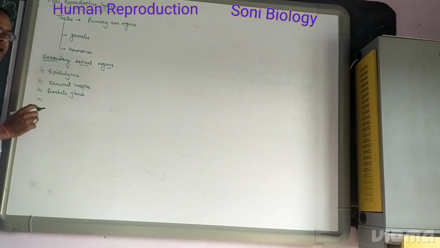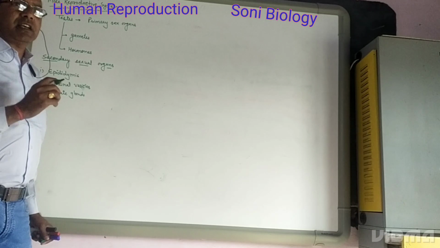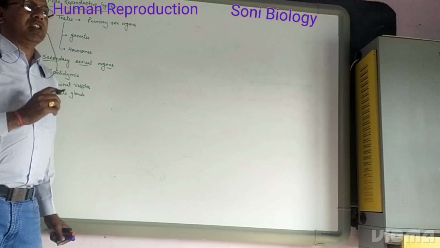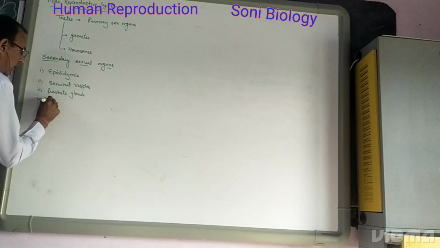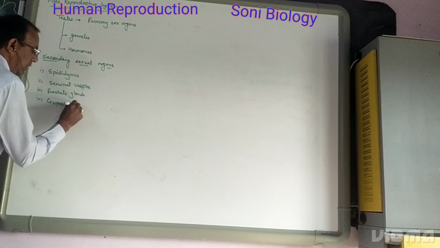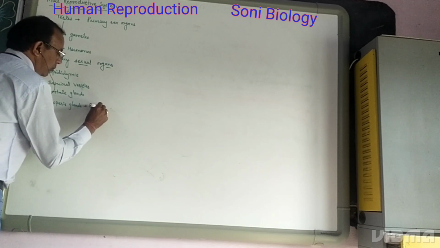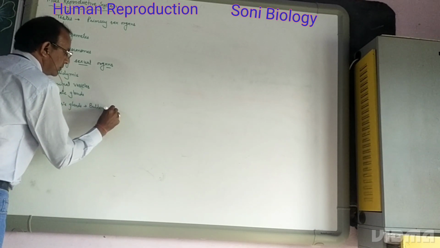One more pair of glands present is called Cowper's glands, also known as bulbourethral glands.